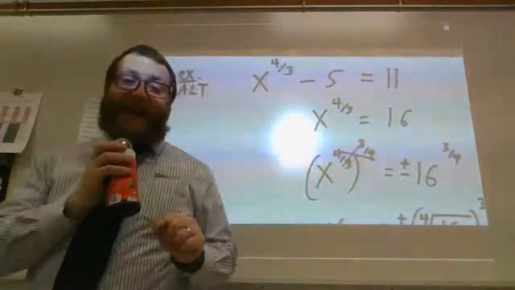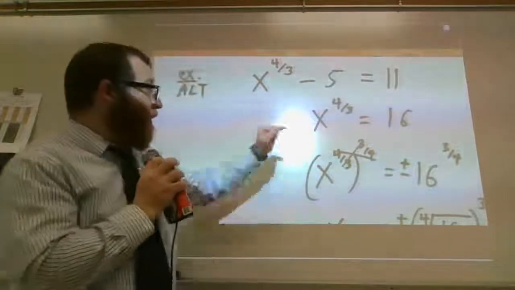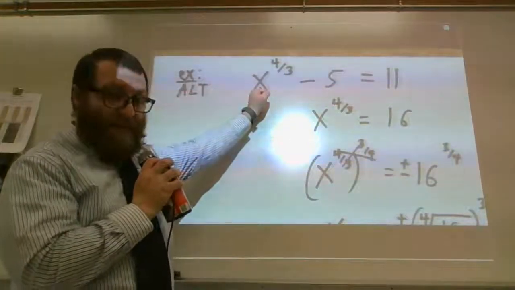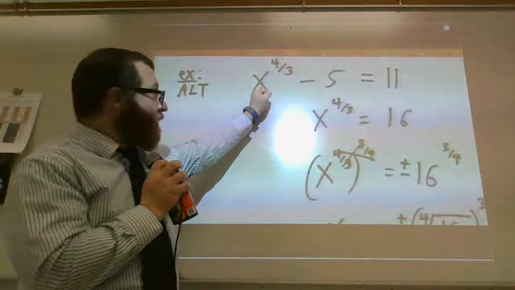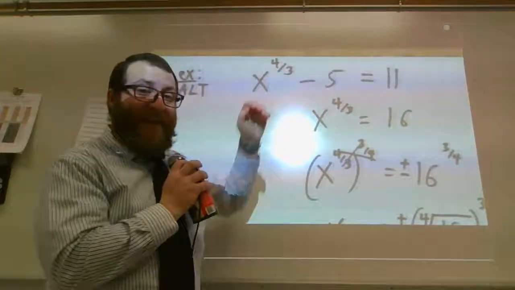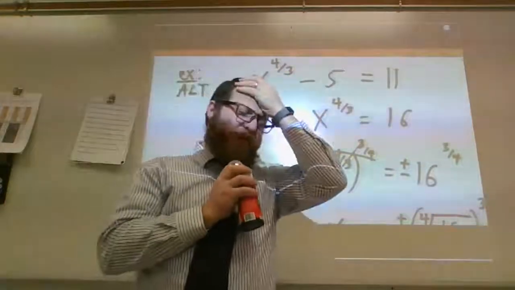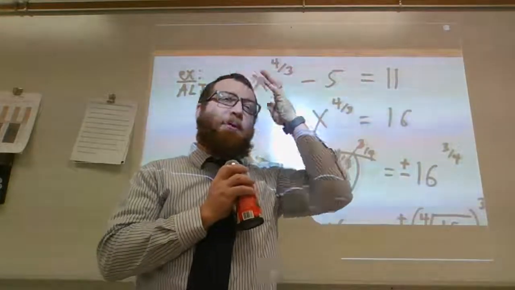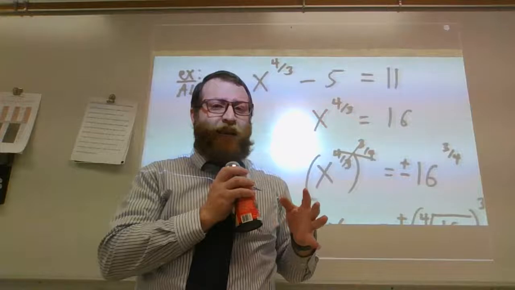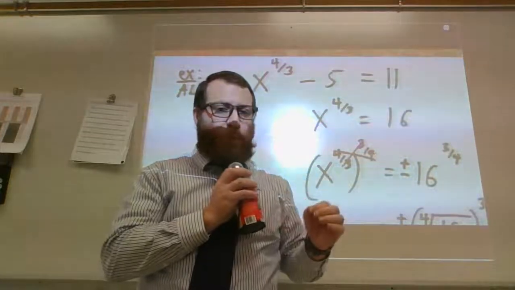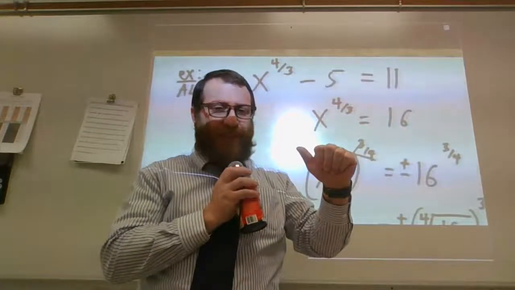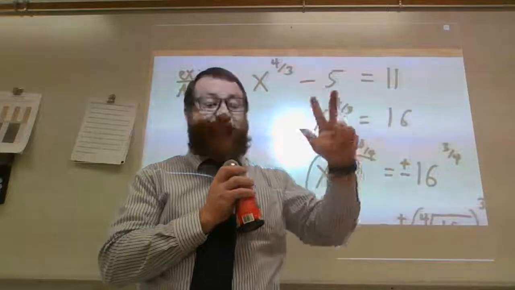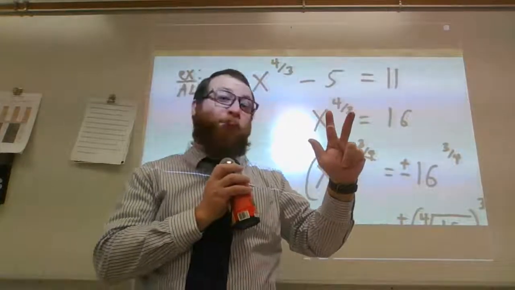If you check the negative, let's go through it again. Plug in the negative 8 as the other answer. The third root of negative 8. A third root of a negative? I can do the third root of a negative. The third root of negative 8, after a little bit of digging, is negative 2. Negative 2 times negative 2 times negative 2 gives you negative 8.